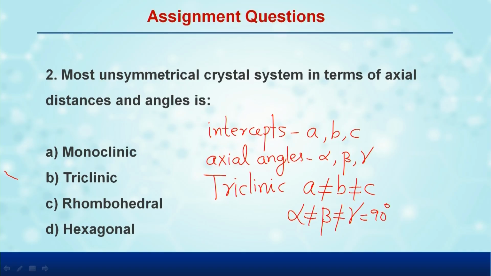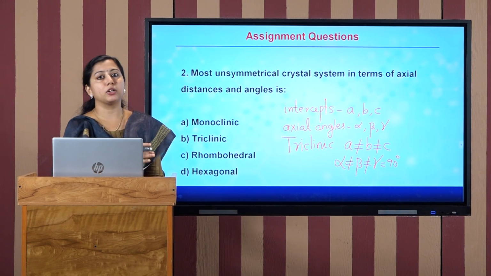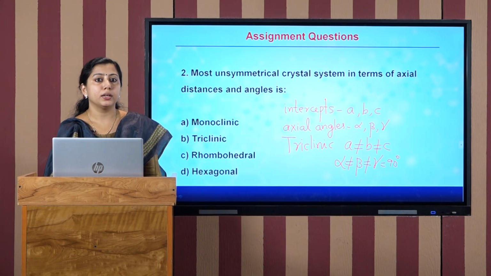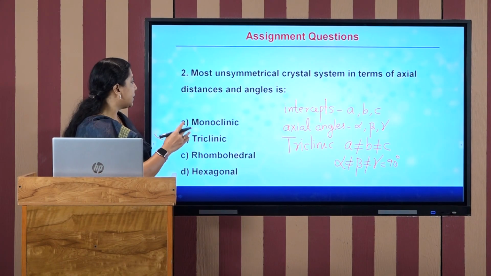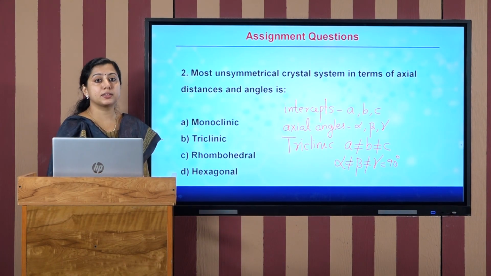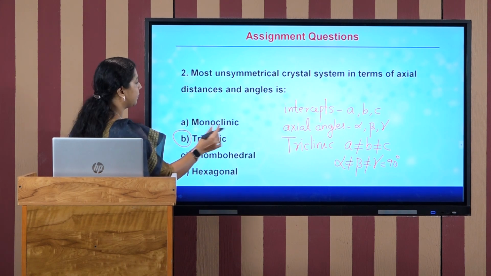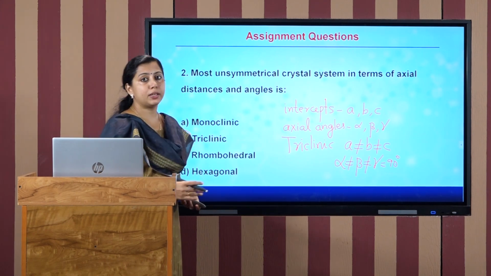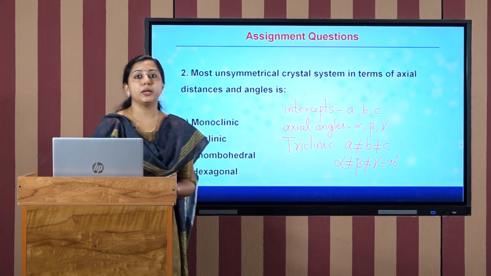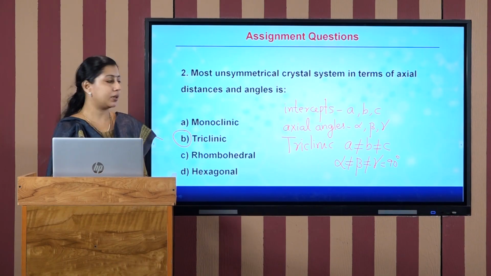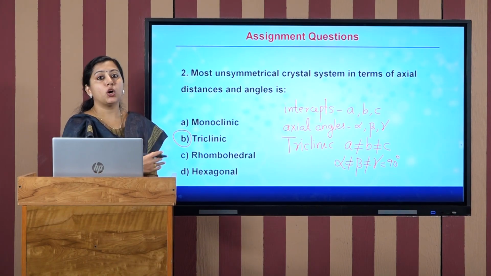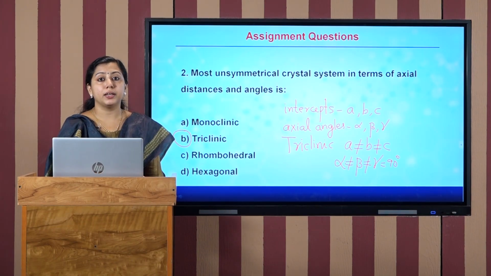Okay. So, none of the sides are equal and none of the angles are equal. So, the most unsymmetrical crystal system is nothing but the triclinic system with A not equal to B not equal to C and also alpha not equal to beta not equal to gamma. Okay. So, the correct option is option B, the triclinic system.